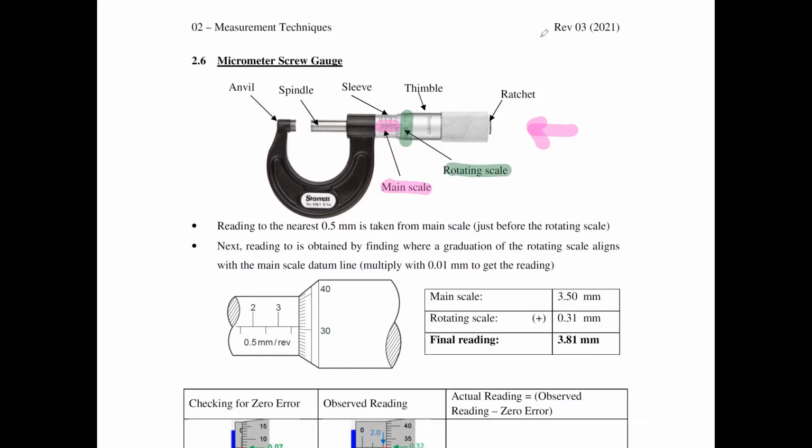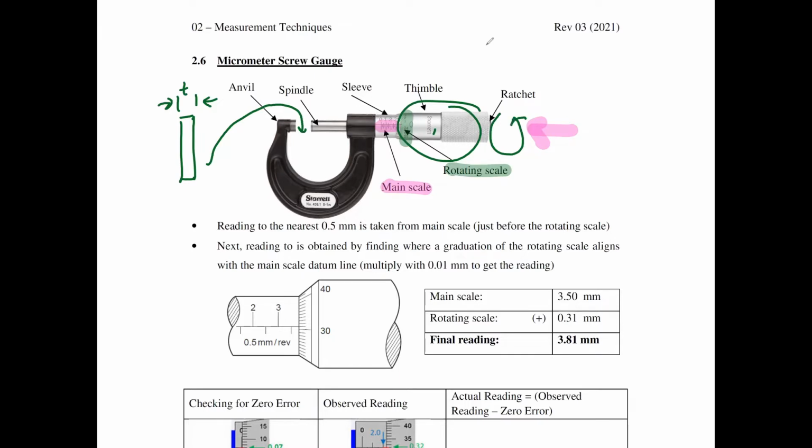What we'll do is that if say you have something like a small object whose thickness is something you want to measure, you place it in between these two ends of your micrometer screw gauge. And then this portion here is twistable. You can twist it.